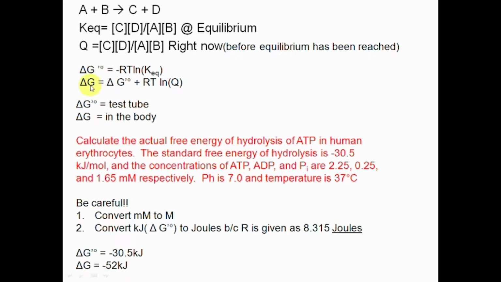Because we can't run experiments in the body, we find the free energy change of a reaction in a test tube, and then we can plug that number in right here and find what the actual delta G would be.